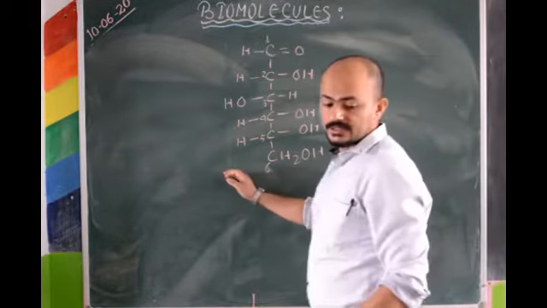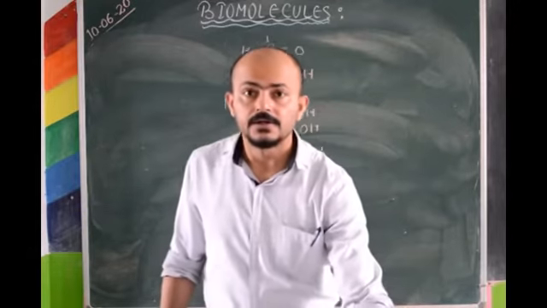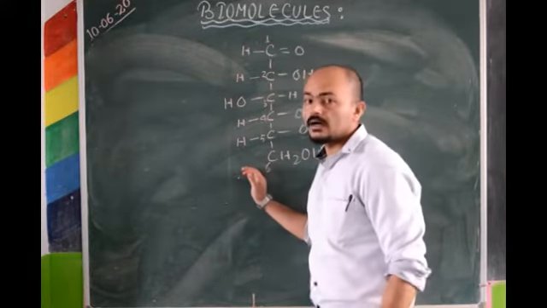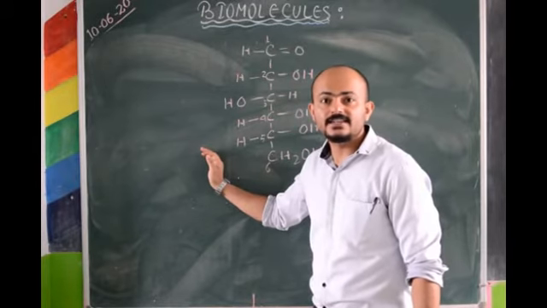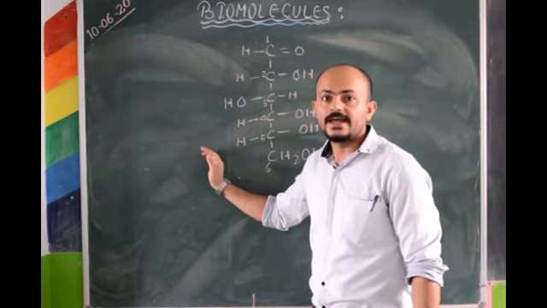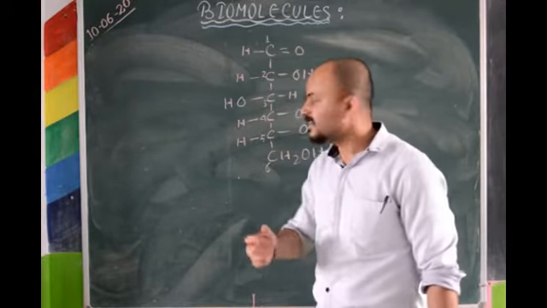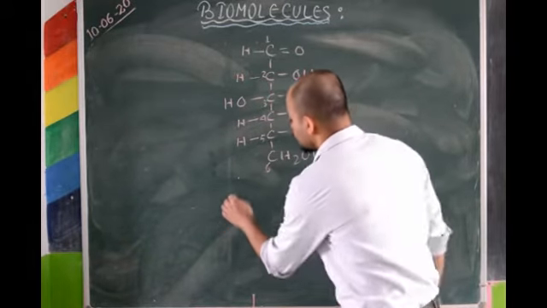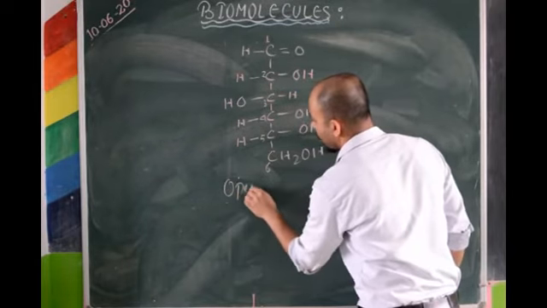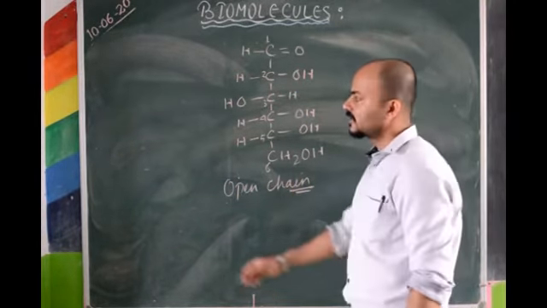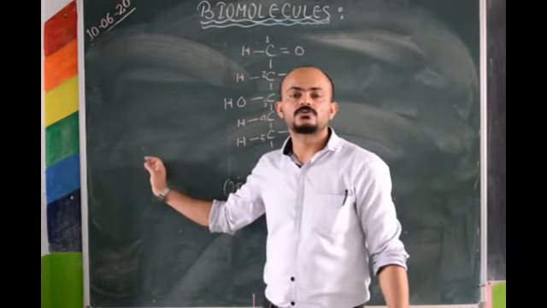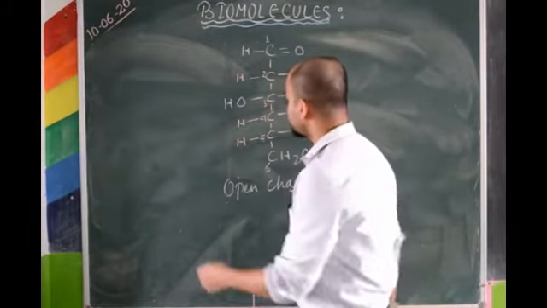Now, this open chain structure can go to the cyclic form also. That means glucose can stay in this open chain form, and it can also go to the cyclic form.